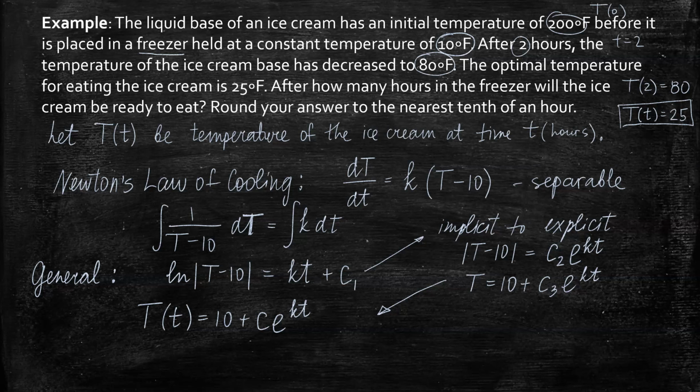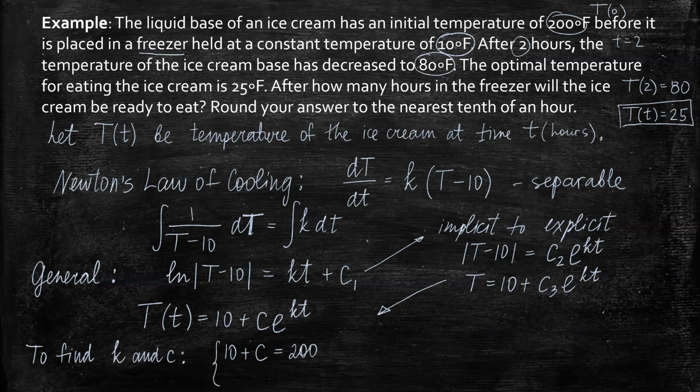To find K and C, we're going to use the initial conditions. So we know that at 0, the temperature was 200. So when I replace t with 0, I get 10 plus C, and that should equal 200.